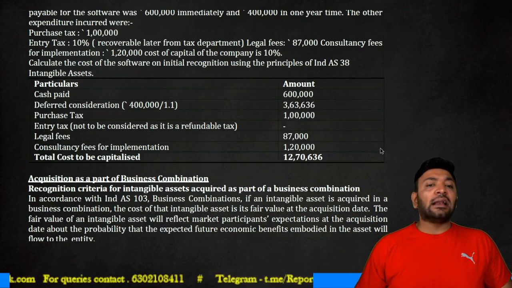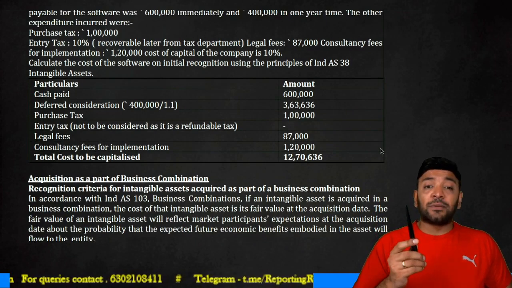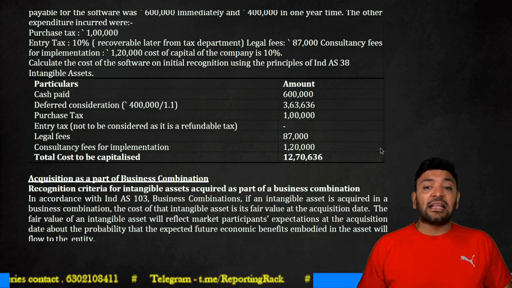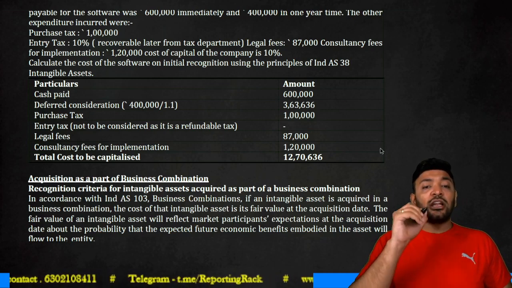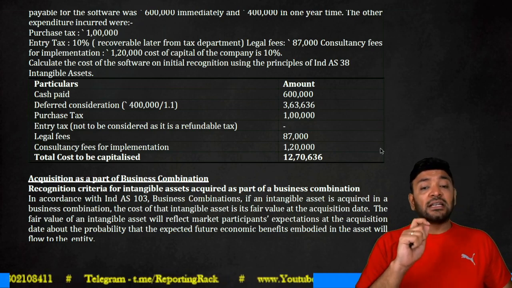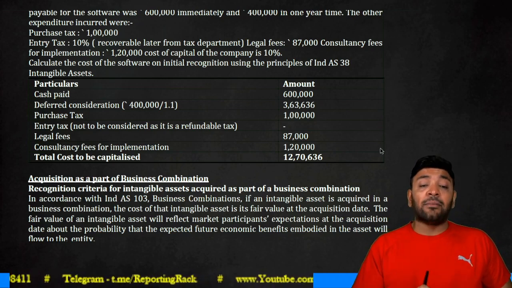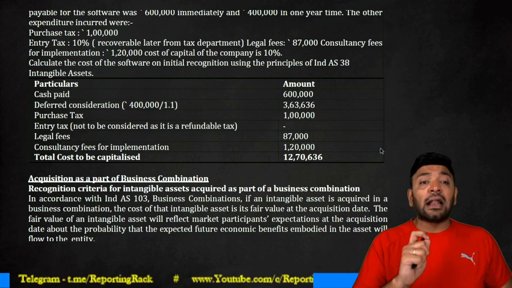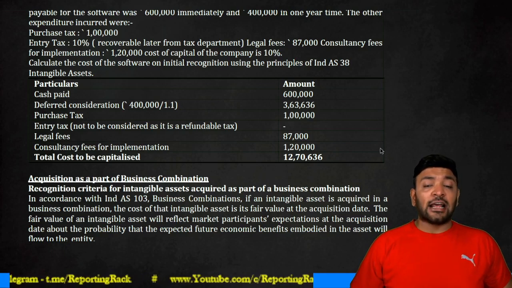Guys, he did not write anything regarding the finance charge. Please make sure that you write. If you look at his answer, it stopped at 12,70,000. You will have to make sure that you are writing regarding the finance charges. Entry tax he wrote not to be considered as it is a refundable tax. He clearly made a statement, but unfortunately he did not write a statement regarding the finance charges.